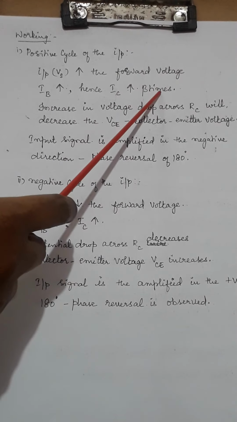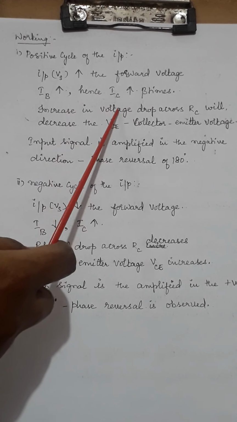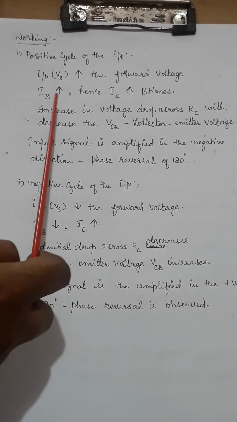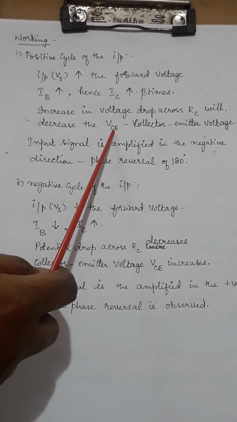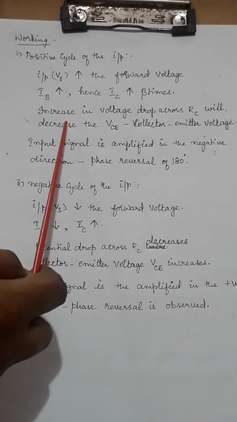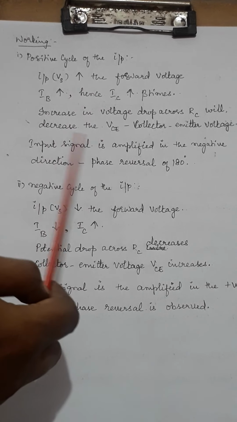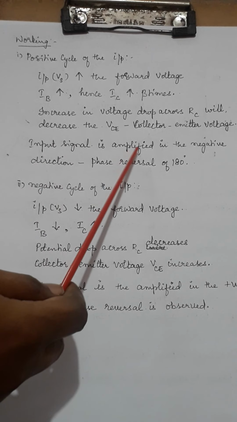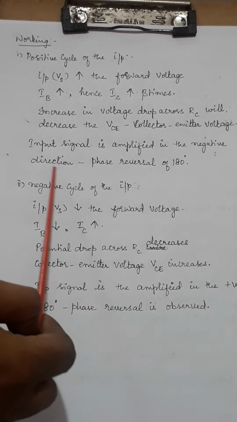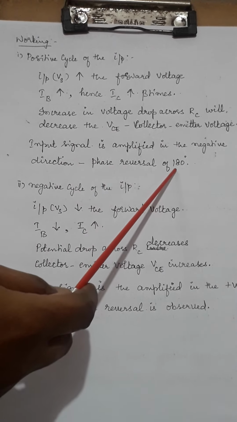So what may happen there, the voltage drop across RC will increase, VCE voltage will decrease. So hence the input signal is amplified in the negative direction with a phase reversal of 180.